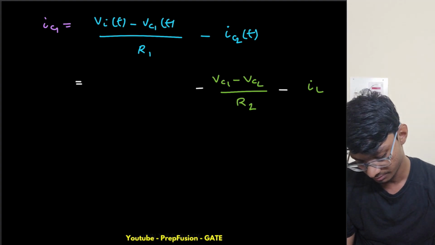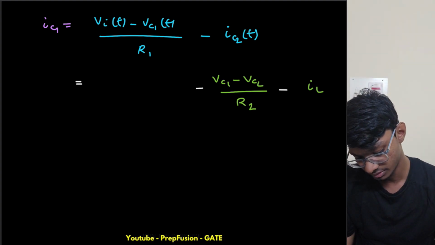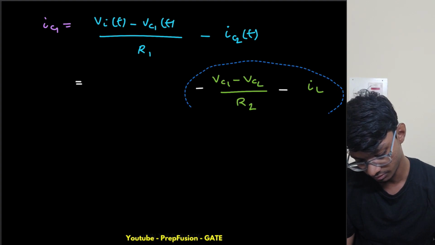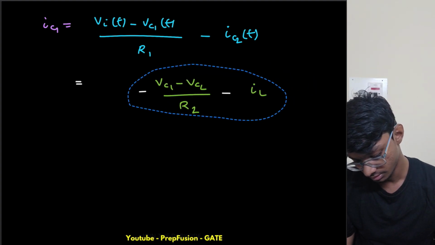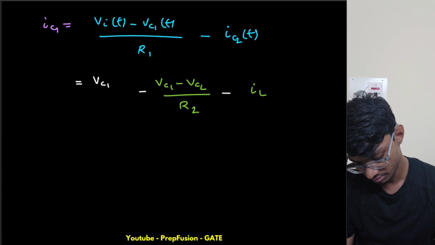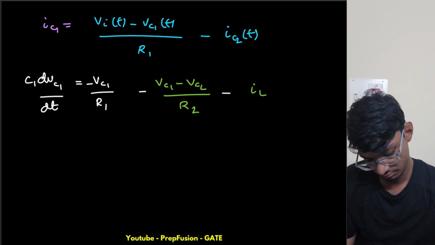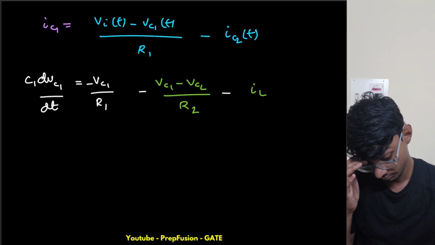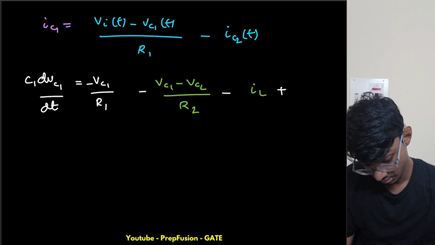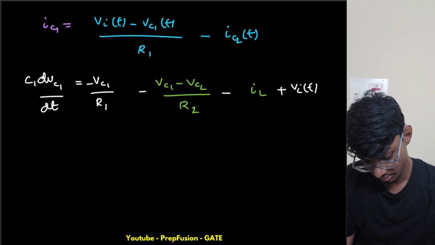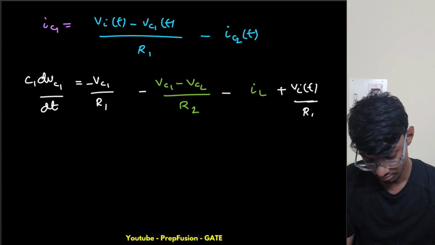This is related to the input also, so I will bring this forward. This is Vc1 by R1 with a minus sign, and this is C1 dVc1 by dt, and this is plus Vi of t by R1.